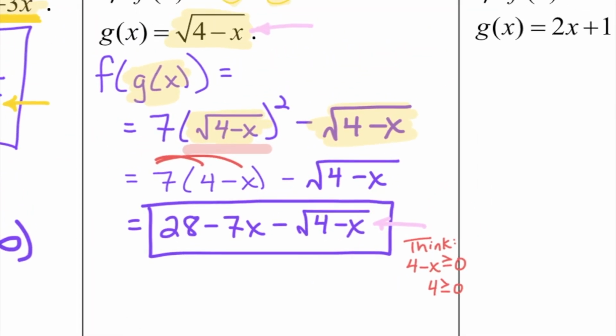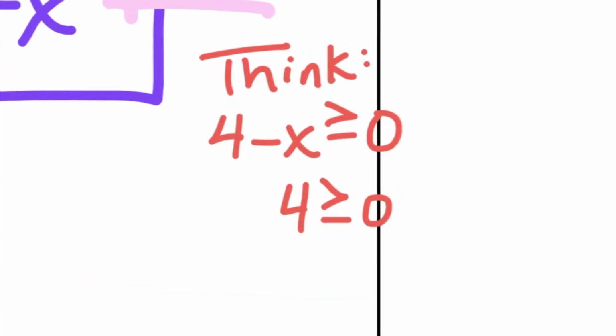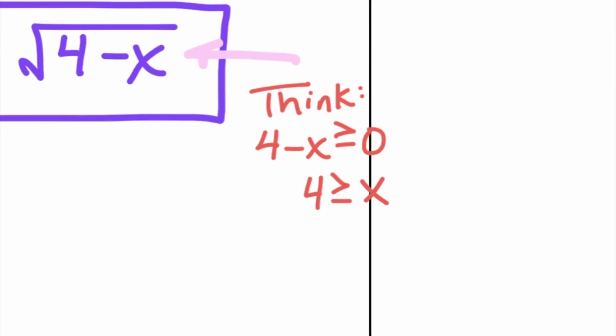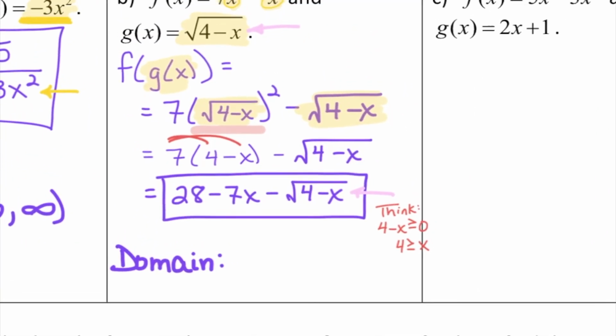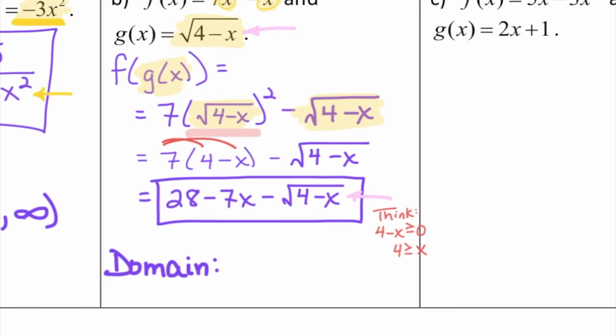And so my domain of the composed function, or of my answer, has to be all numbers x. My apologies. I am going to go back and fix that. Not 4 is greater than or equal to 0. 4 is greater than or equal to x. Because in order to get the domain, you need to think 4 is bigger than whatever x is. And therefore, you want the domain to go from negative infinity to positive 4, including the 4.